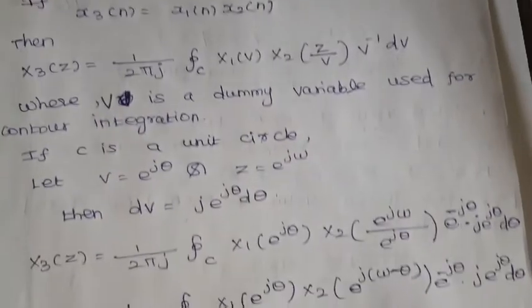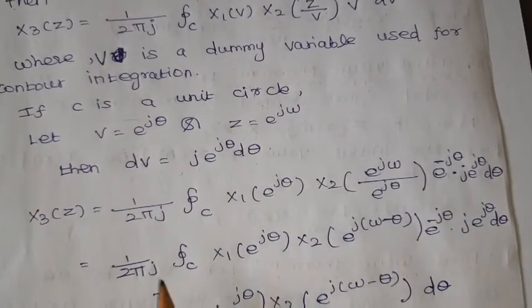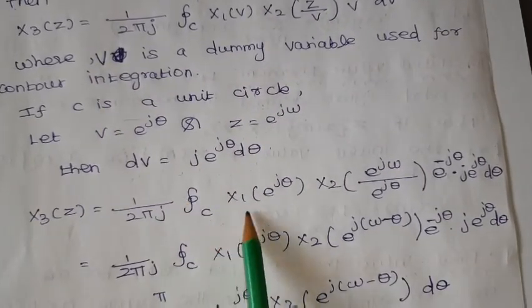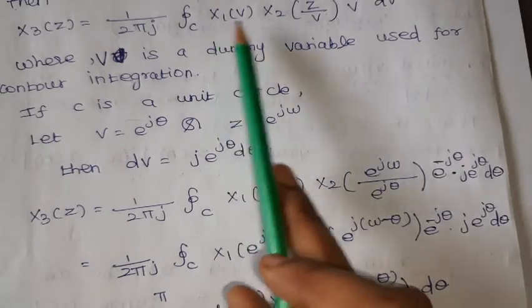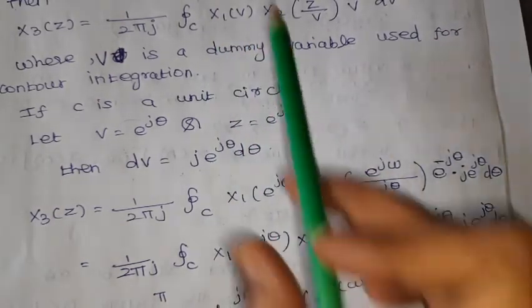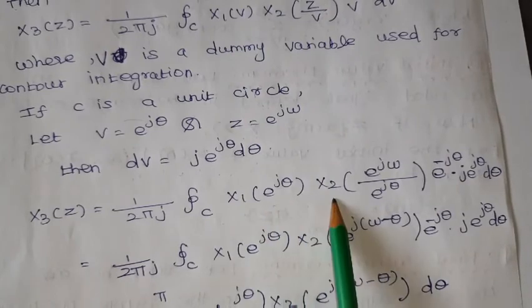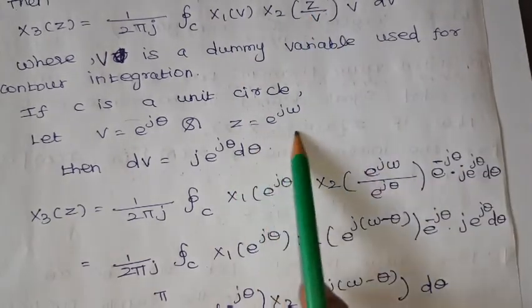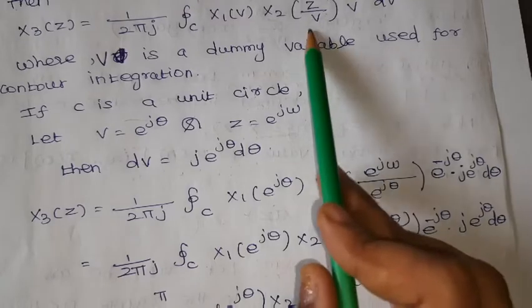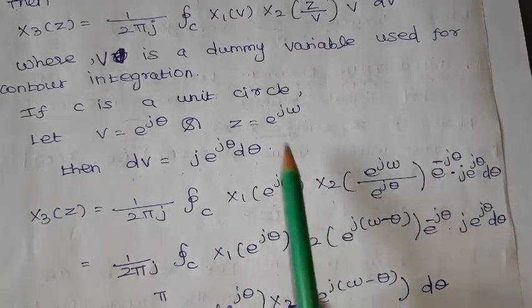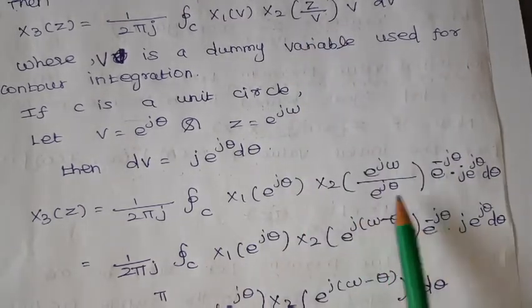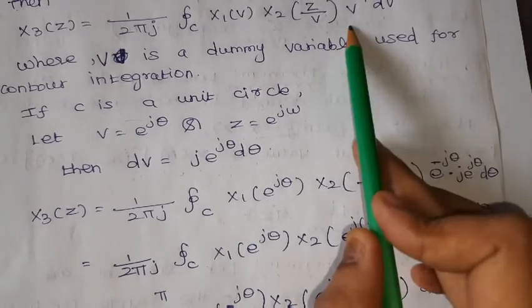What will we get? x3 of z equal to 1 by 2 pi j closed integral over c of x1 of e power j theta, substituting e power j theta in place of v, and x2 of e power j omega in place of z, divided by e power j theta, that is v. Substitute e power j theta into v inverse.